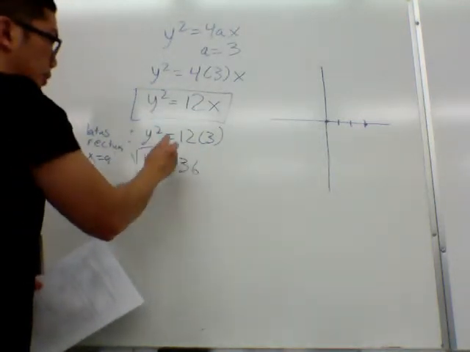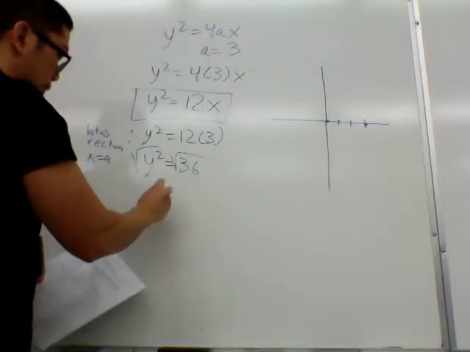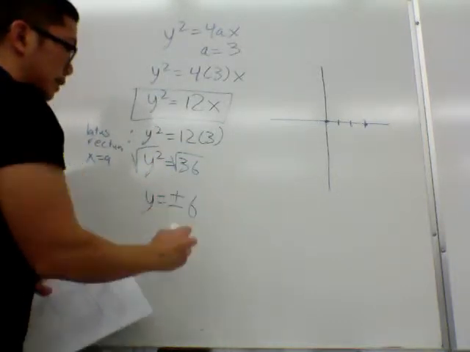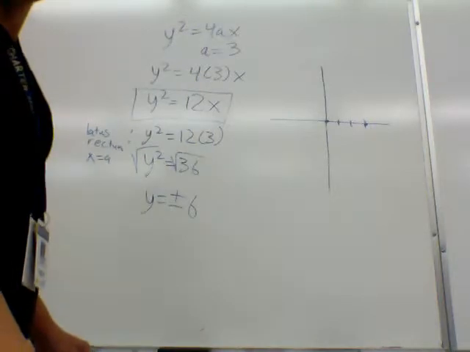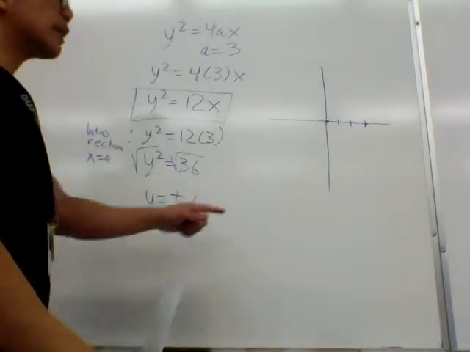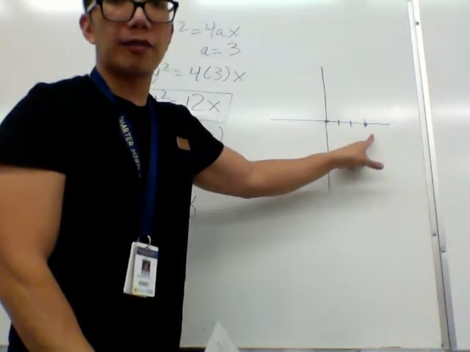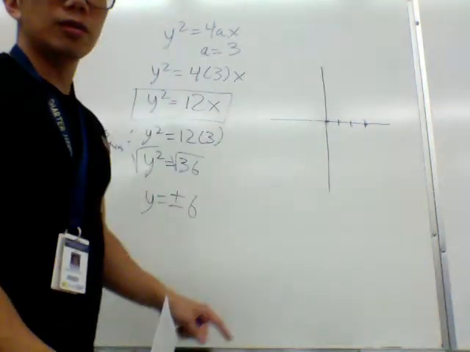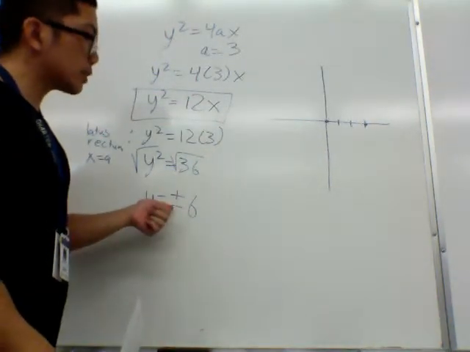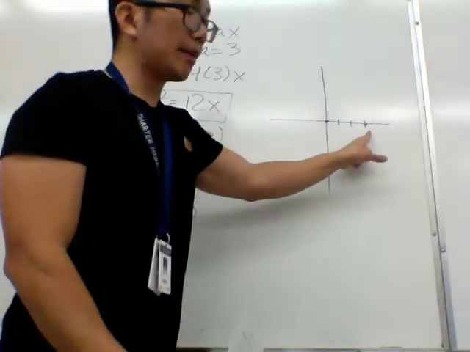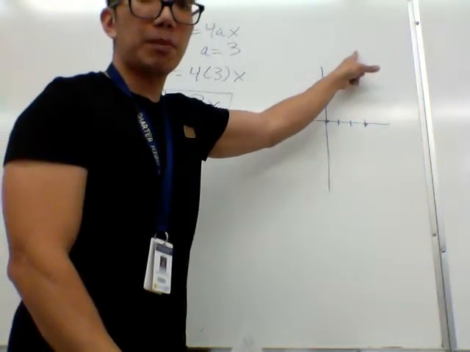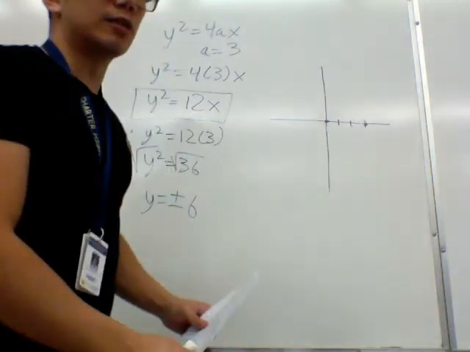I square root both sides, and I get y is equal to plus or minus 6. So that means that if my focus is at 3, 0, my latus rectum is going to be at my focus, but it's going to be 6 up and 6 down.